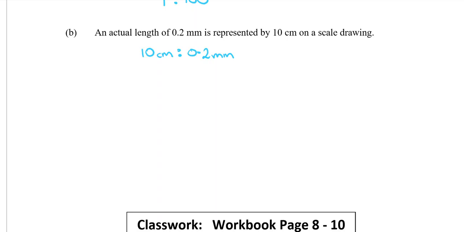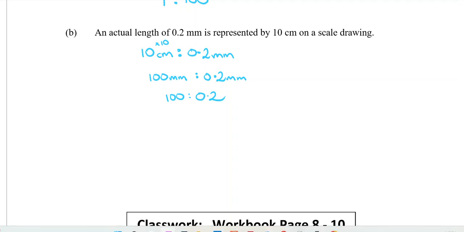So to fix this up, we need to make our units the same. 10 centimeters, we can convert that to millimeters by timesing by 10, so that we would have 100 millimeters and 0.2 millimeters. I don't actually need the millimeters anymore because they are now the same unit. I can just go 100 to 0.2. To simplify those, it's a bit tricky to know what we can divide by.